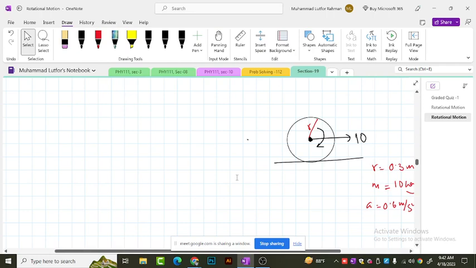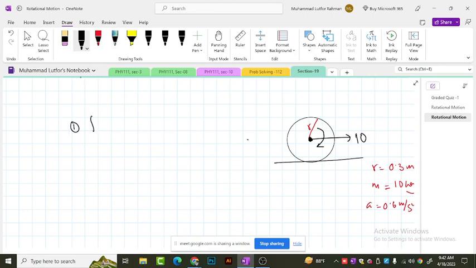Now the two questions they ask: first, what is the frictional force acting on this wheel, because this surface is frictional. Second, what is the rotational inertia of this wheel?